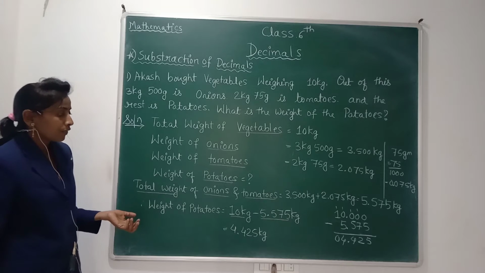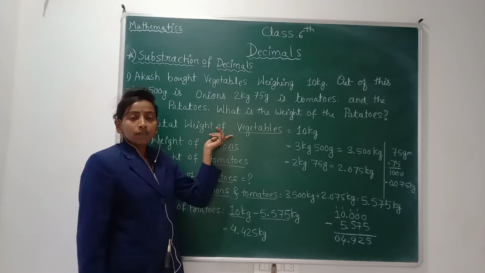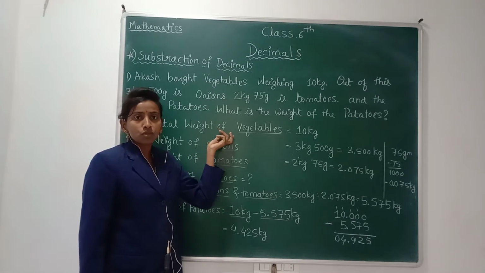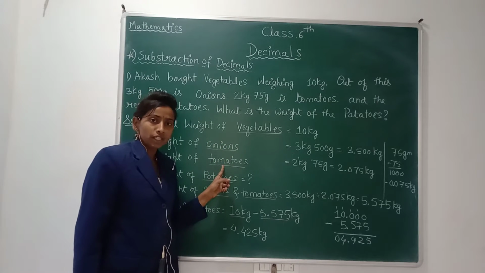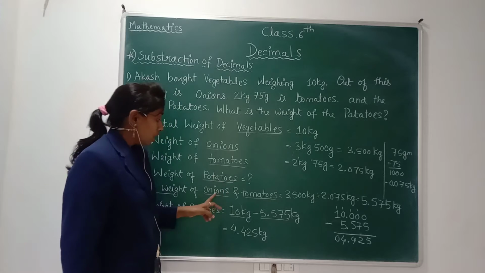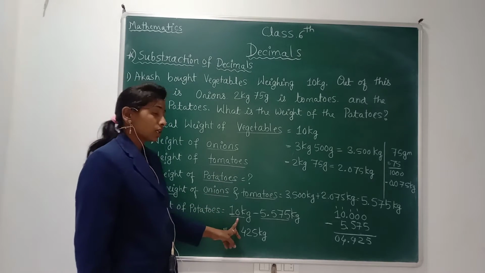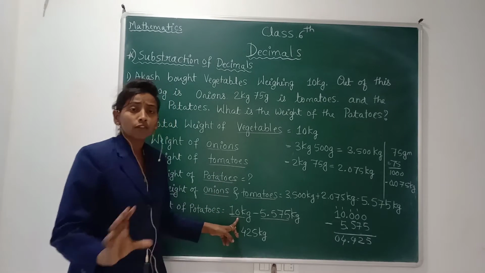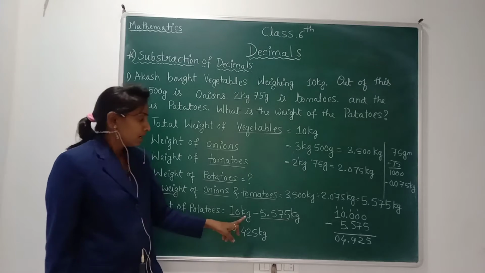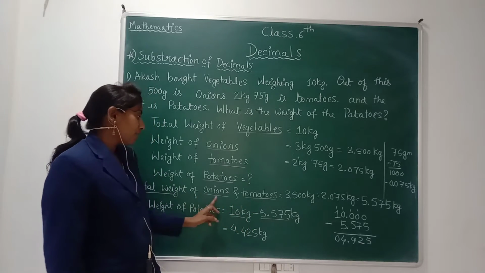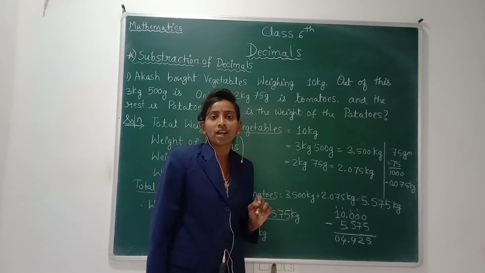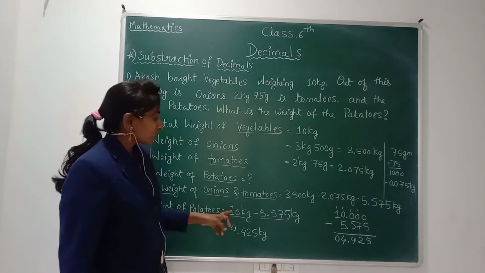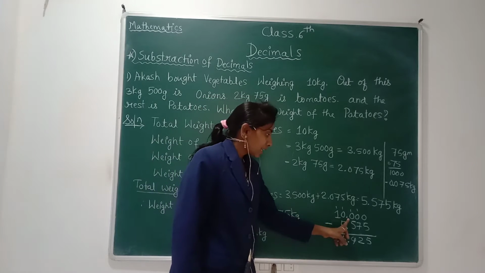Now we are finding the total weight of potatoes. How do we find that? From the total weight of vegetables, you have to subtract the weight of onions plus the weight of tomatoes. The total weight of vegetables is 10 kg, minus the total weight of onions and tomatoes, which is 5.575 kg. So do the subtraction. See here, 10 kg.